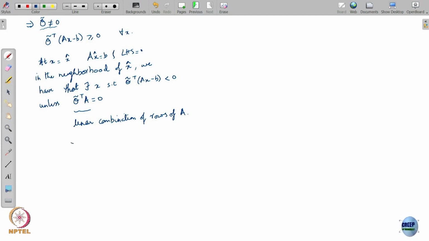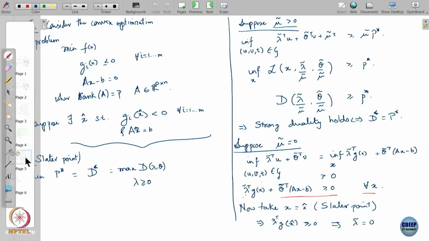Well, what does this mean? That means that the rows of A are linearly dependent. But if you recall, what did we just assume?